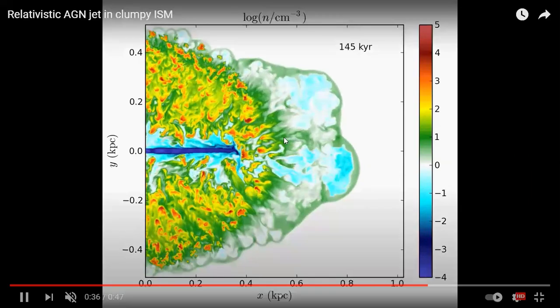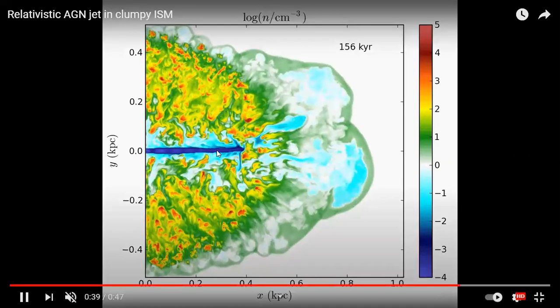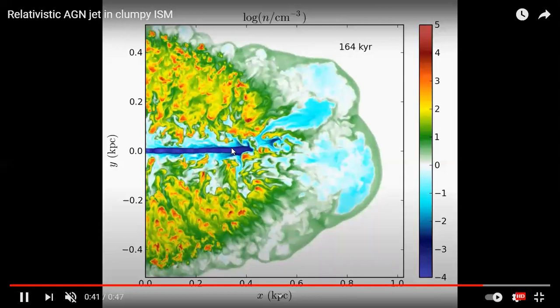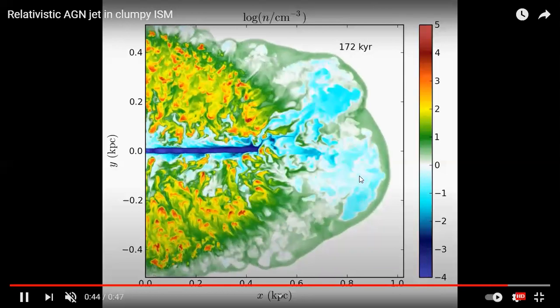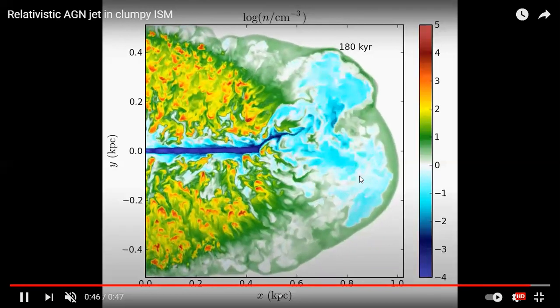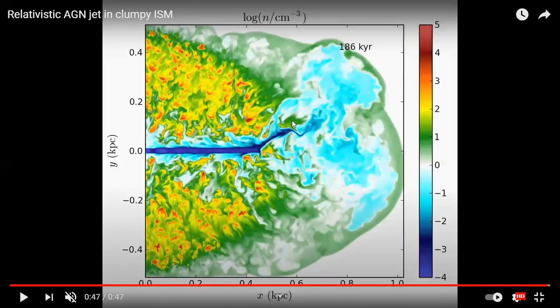So one of the things that we need to pay attention to is that the jets shown in blue and cyan are relatively clear, and the interstellar medium shown in the red, yellow, and green colors is relatively hotter, which is quite different from what we would have expected the color to be.